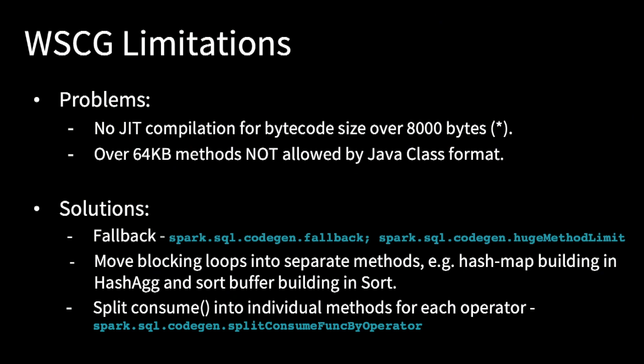In the blocking operator's produce method, there are two different parts: the flow of building the intermediate result and the flow of consuming the result. They are pretty independent from each other. They share very few states other than the intermediate result structures themselves, so they can be easily broken up into different methods. A slightly different but similar approach is to put the consume logic of each operator into its own method.